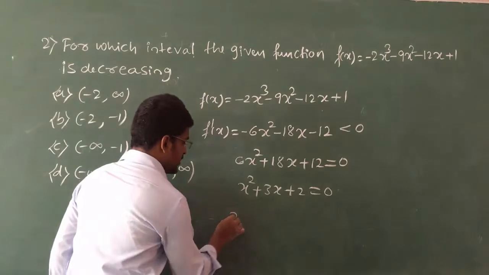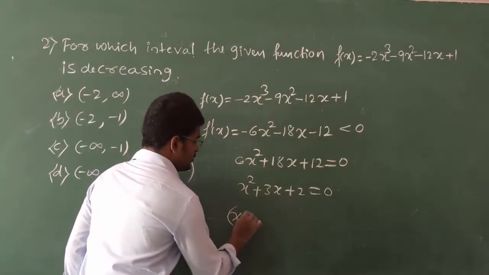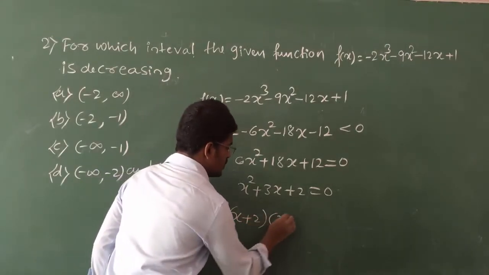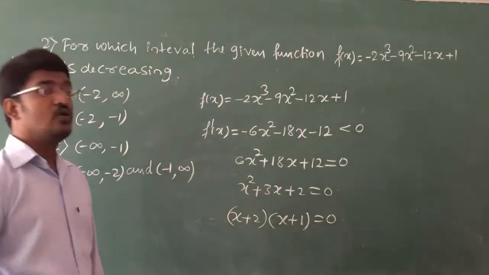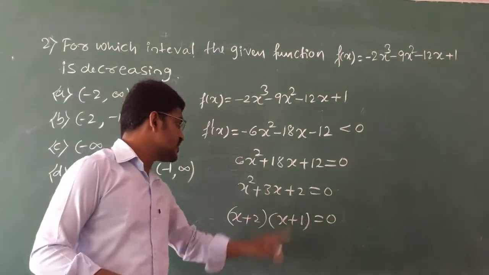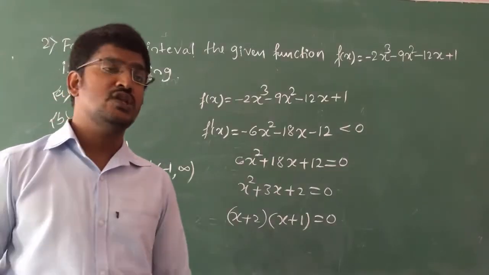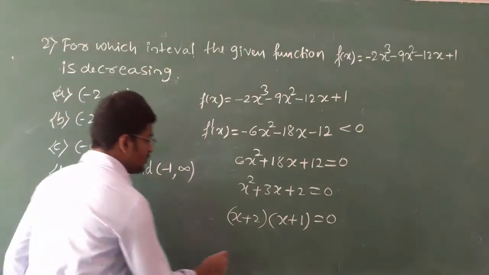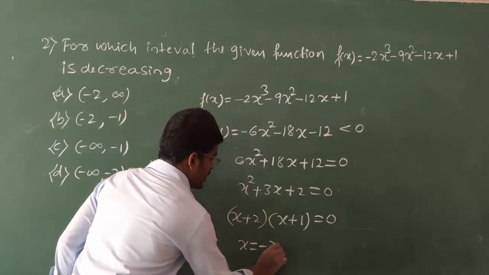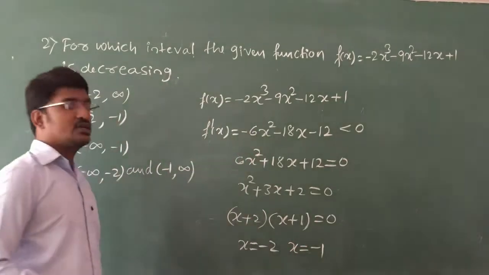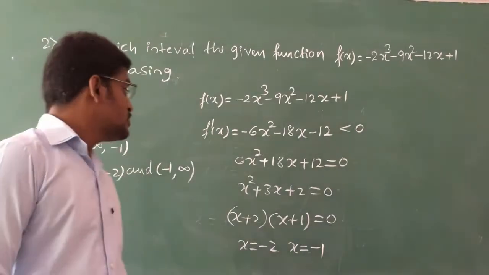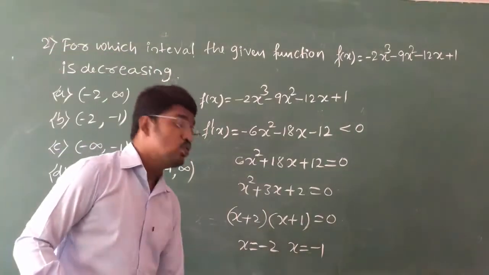If I simplify, x plus 2 into x plus 1 will be equal to 0. So this is the factorization of x square plus 3x plus 2 equal to 0. You are going to have x equal to minus 2 and x equal to minus 1 as the two roots.